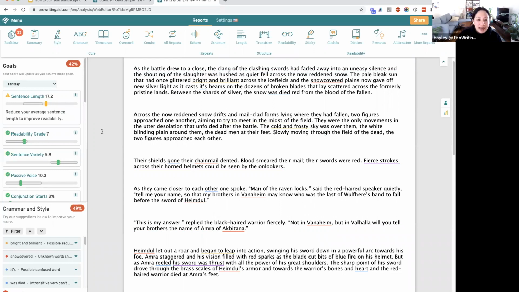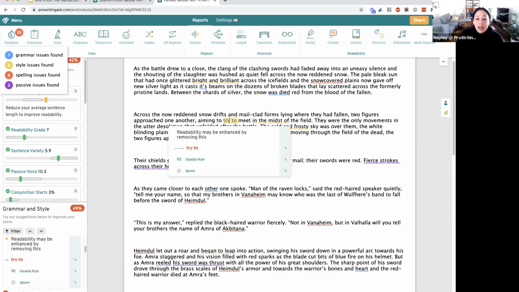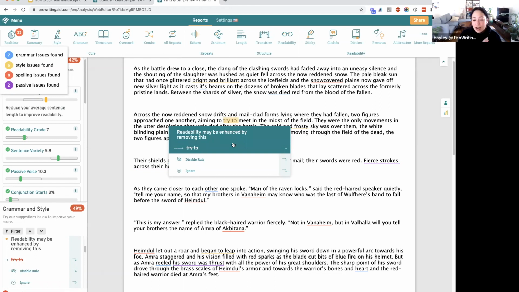So first, in our real-time report, which again is what I've just defaulted back to, you will see recommendations for fixing readability errors like this one. For instance, adding extra words like "aiming to try to meet" makes your sentences clunkier and more unwieldy for your readers. Just removing words like this can help improve your readability.